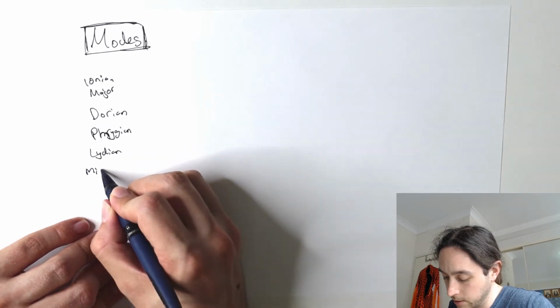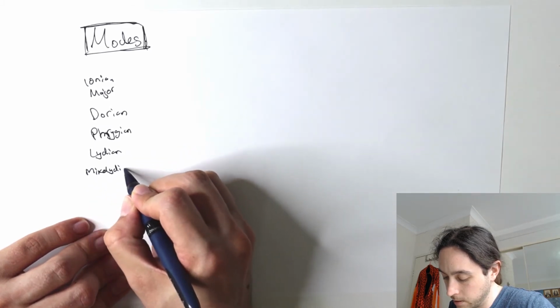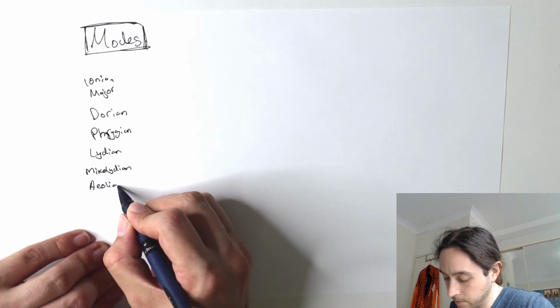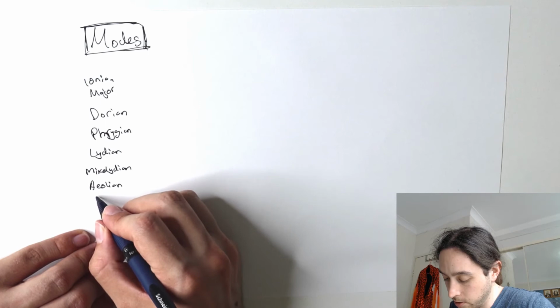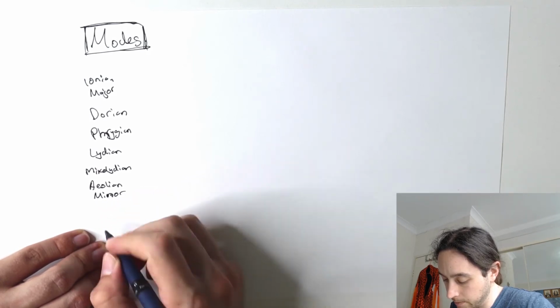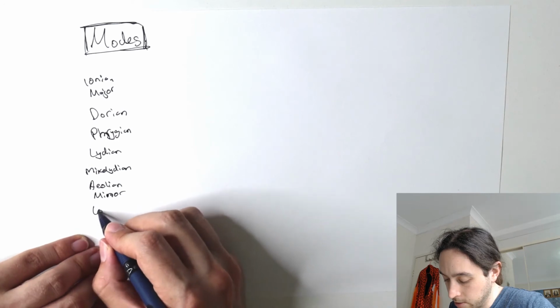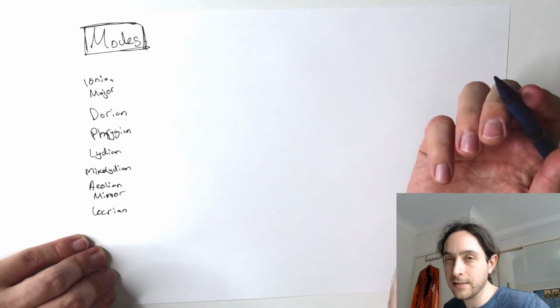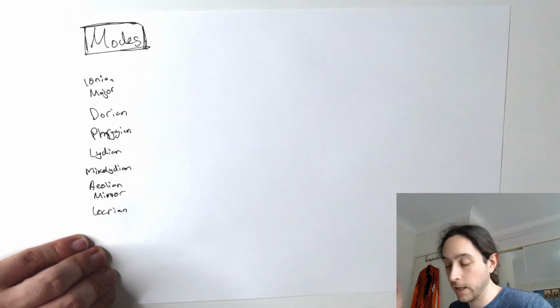Next is Mixolydian. Next is Aeolian, which is also the minor. And then the last is Locrian. Now these, if I'm not mistaken, are all different cities in Greece from way back when they were inventing this crap.